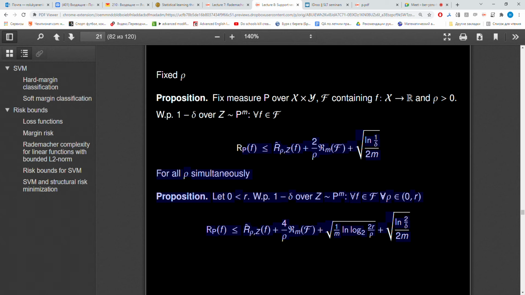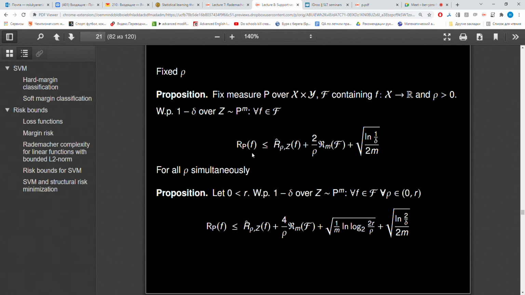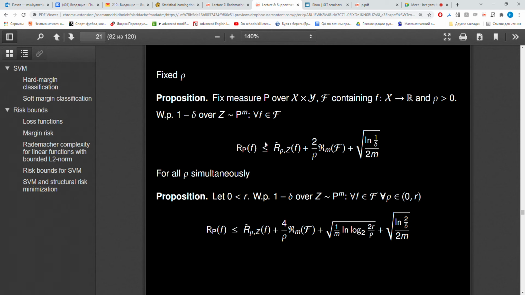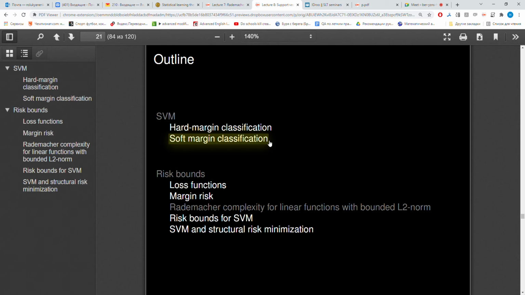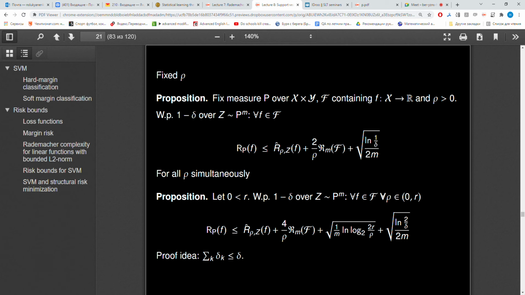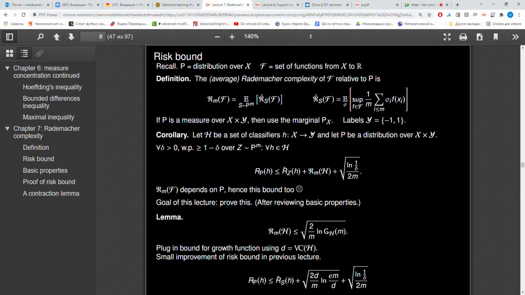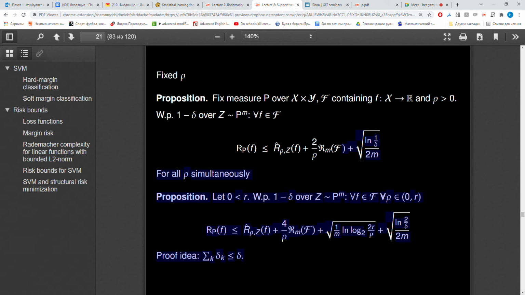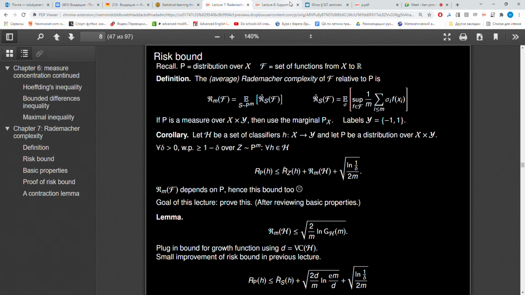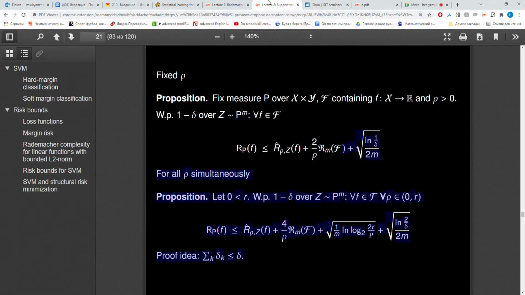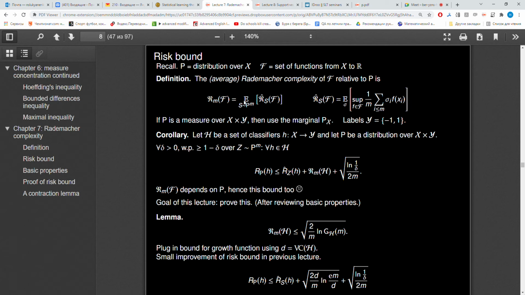Sorry for my terrible English. Because here we have a pure risk of f. Okay, it looks like we need to bound Rademacher complexity. We need to compute something that looks like the Rademacher complexity of our set of functions, the mathematical expectation of this thing.